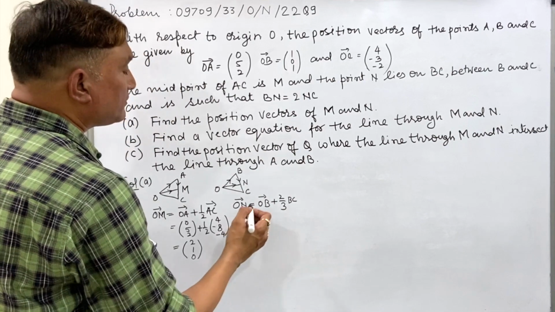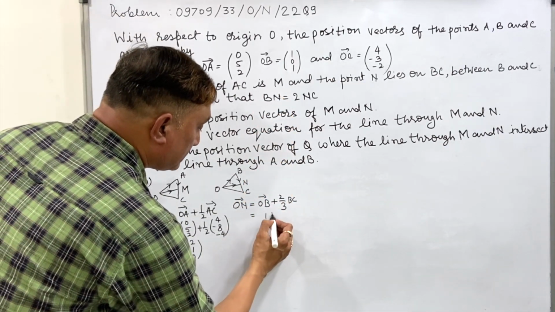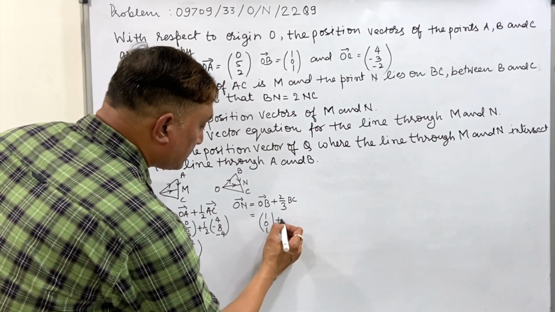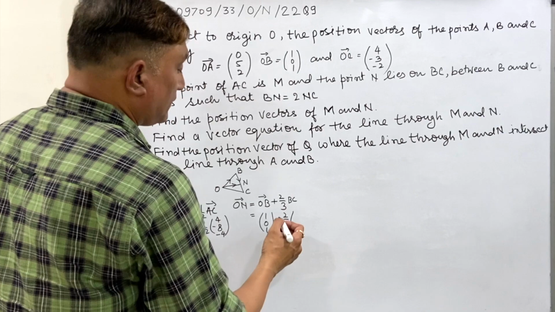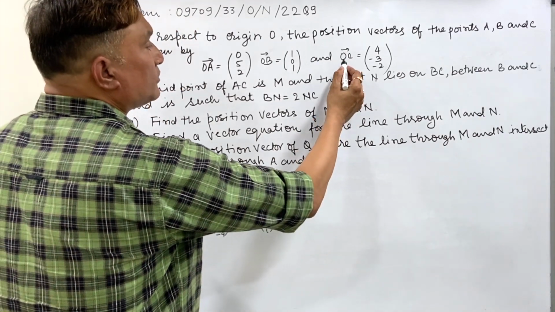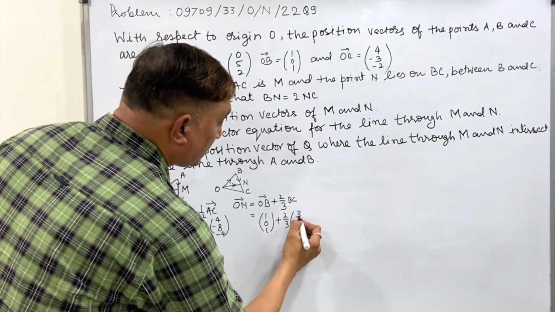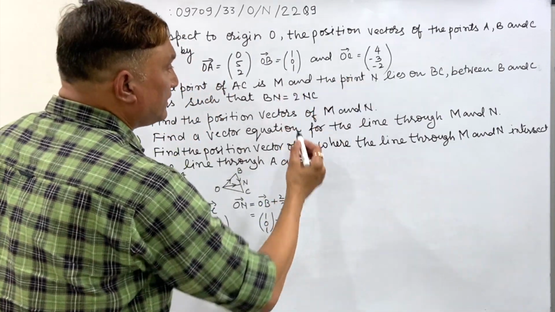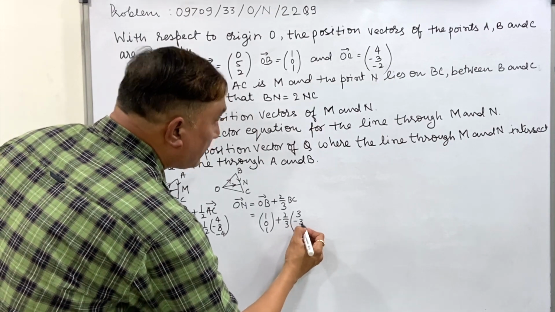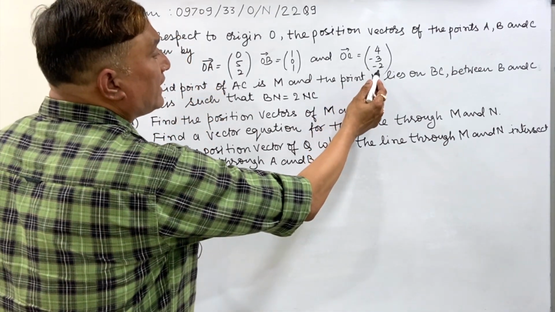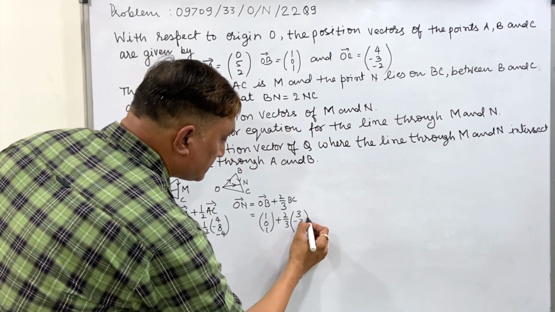So OB vector would be (1, 0, 1) plus 2 over 3 BC. BC vector is OC minus OB: 4 minus 1 would be 3, -3 minus 0 would be -3, and -2 minus 1 would be -3.